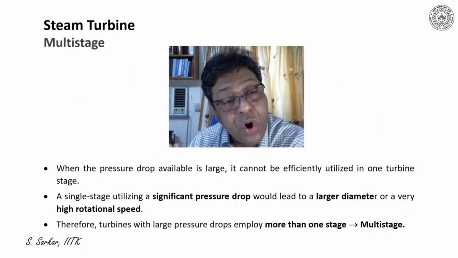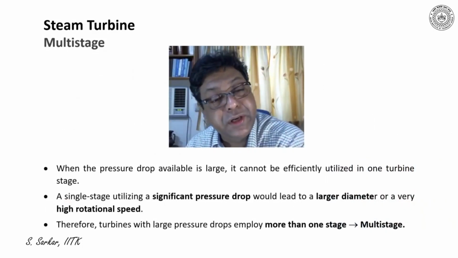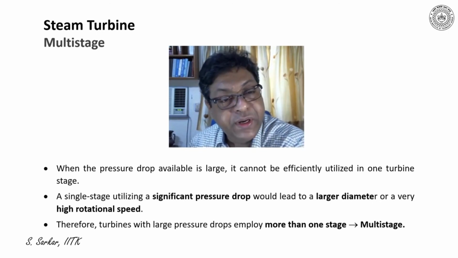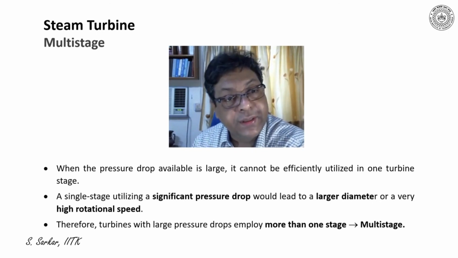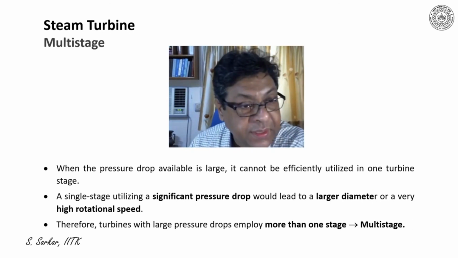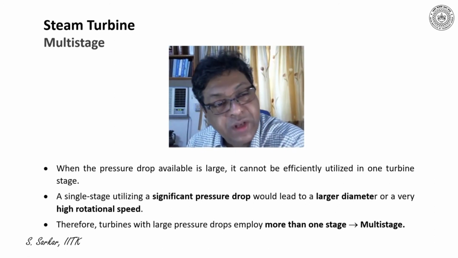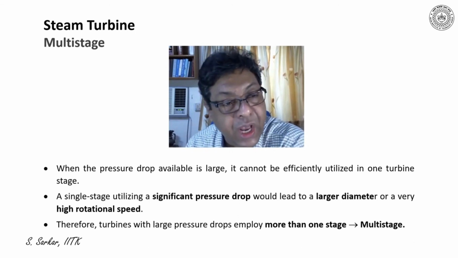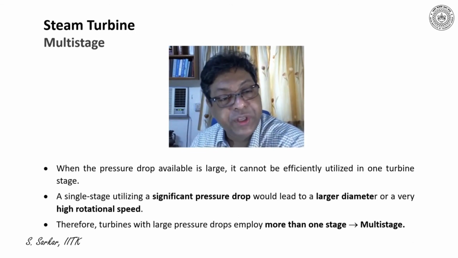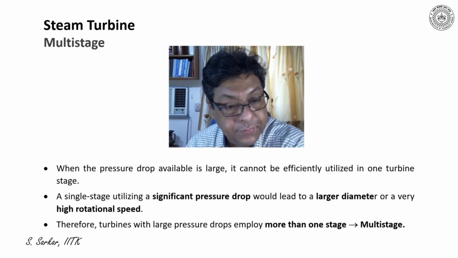Please note that the concept of multistage in turbines has not been discussed while discussing gas turbines. Here, in this chapter, while discussing the steam turbine, I will introduce the concept of multistage.